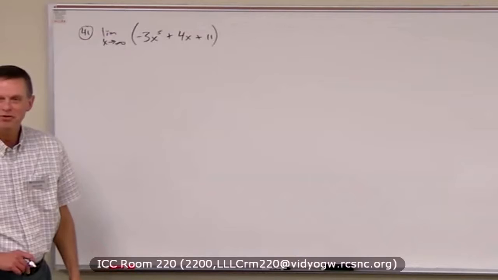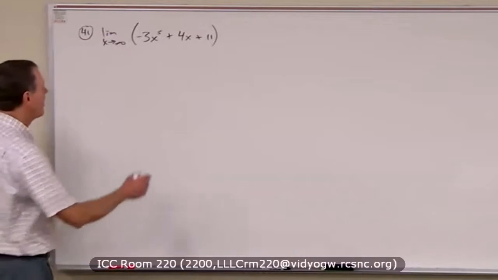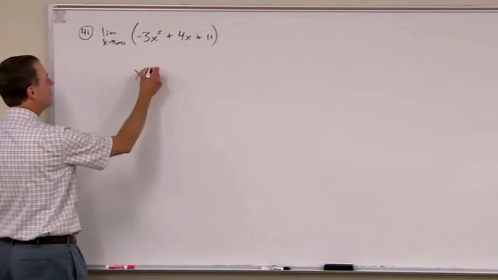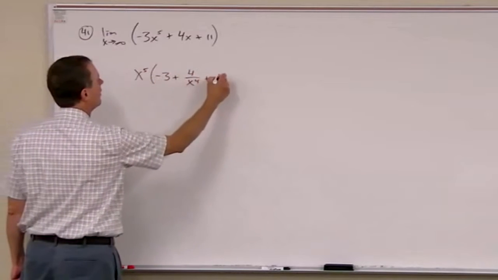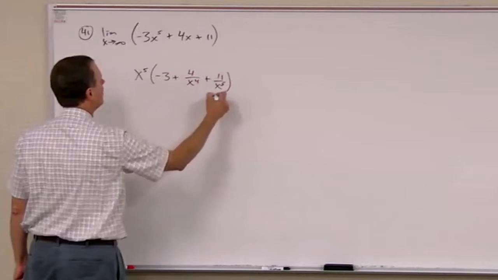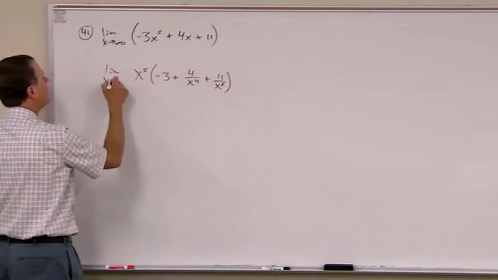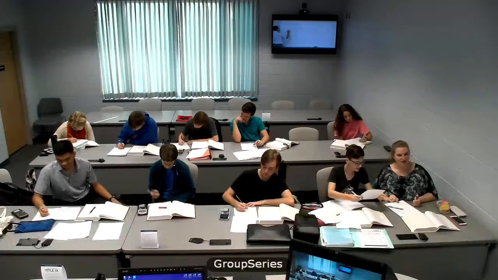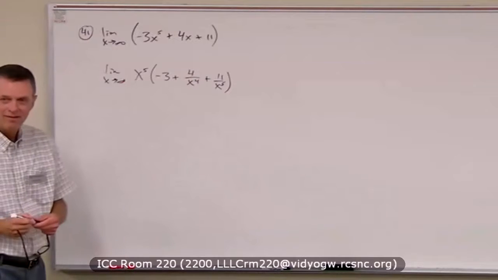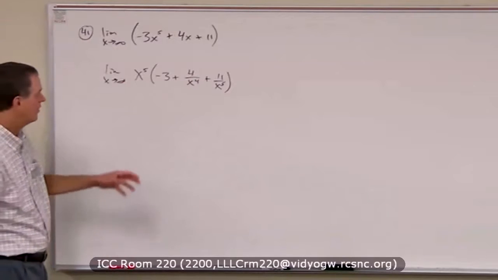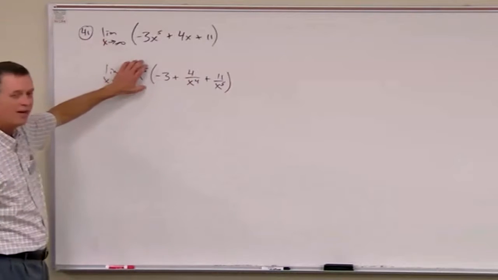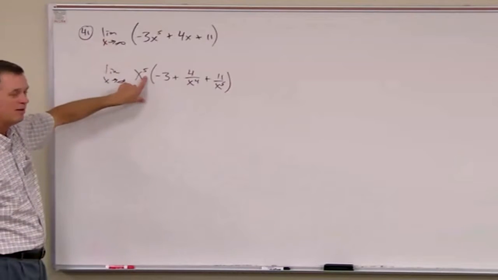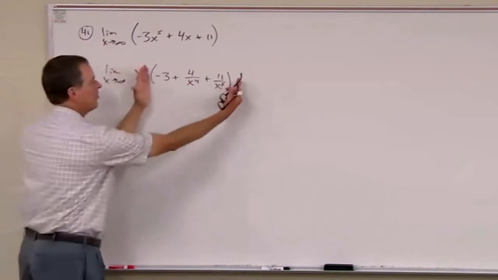You factor out x to the fifth, and you're almost done. Now what do you see? You split it up by the product rule, you're going to have an infinity here times, what's all this coming to?